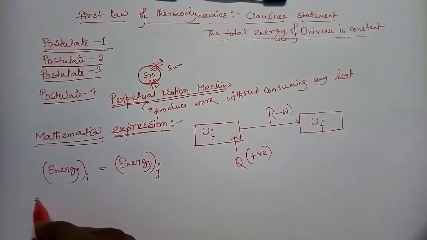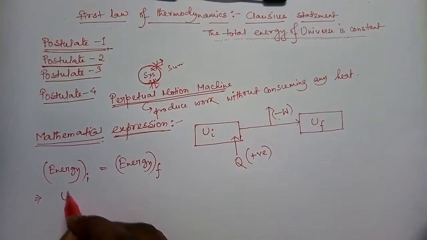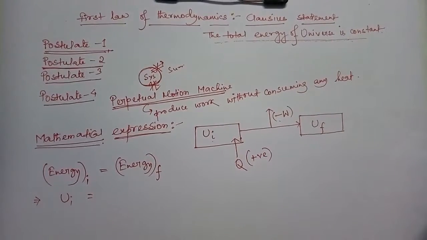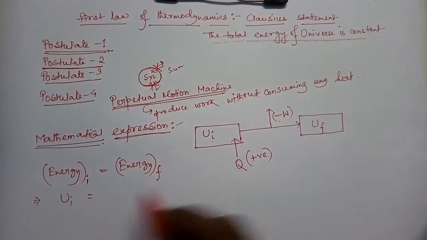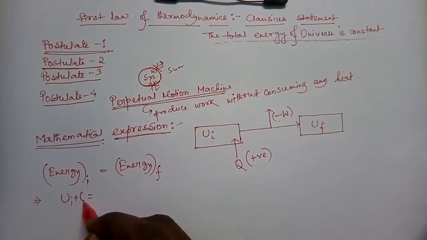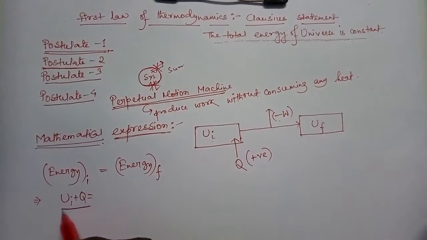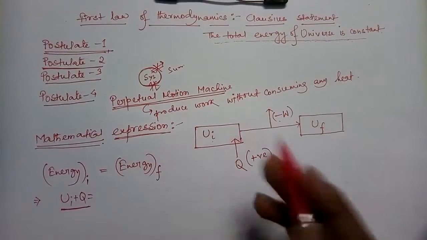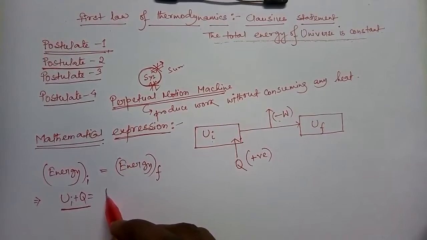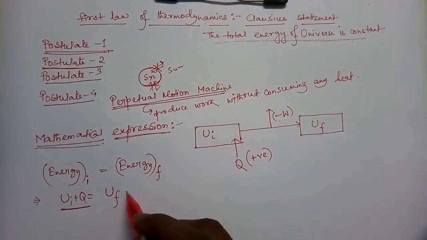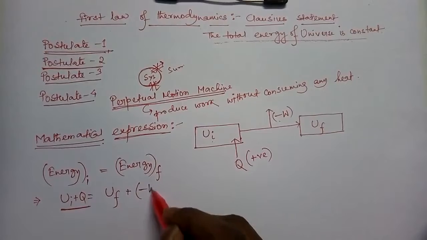So the energy in the initial state is Ui, and it is taking some amount of heat Q. So before going to the final state, the total energy of the system is Ui plus Q, and after the transformation the energy of the system is UF, and the system does some amount of work.